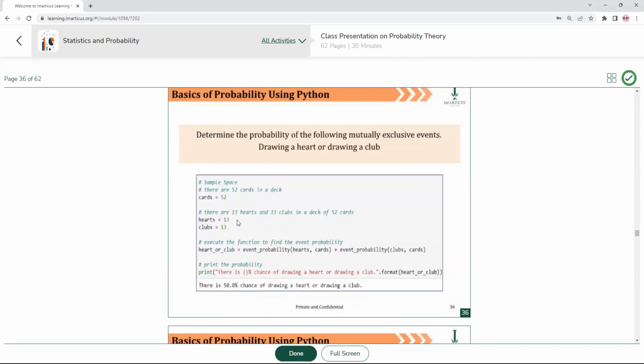So event hearts कितने 13, clubs कितने 13. Event probability hearts and cards plus event probability clubs and cards. That is 50% chance of drawing a heart or drawing a club over there. So this is P A union B is equal to PA plus PB.